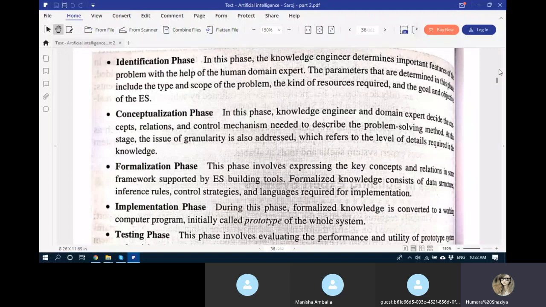For instance, if you use a C programming language, you have to use functions and procedures to represent certain functionality. Whereas if you choose an object-oriented programming language to write the code for an expert system, you need to express these features and facts in the form of class and object.